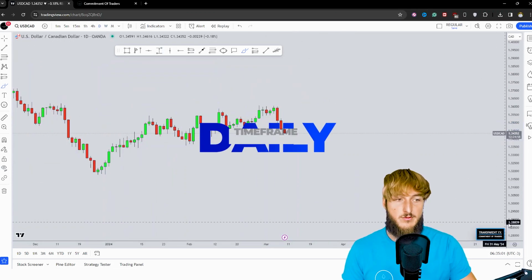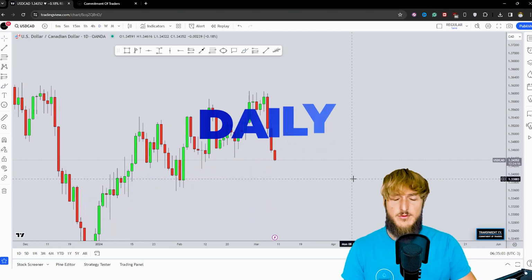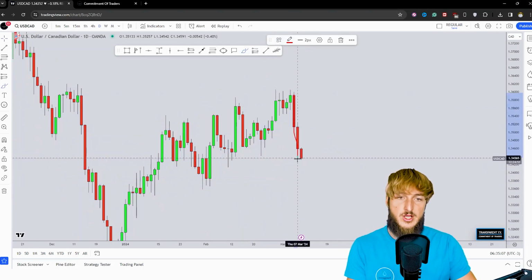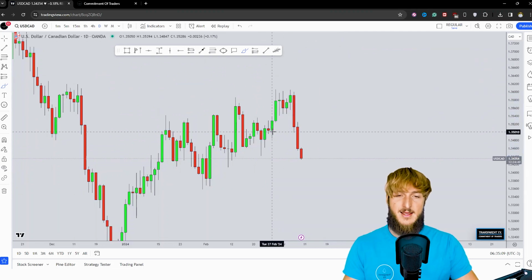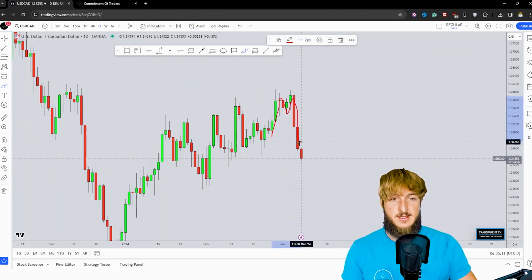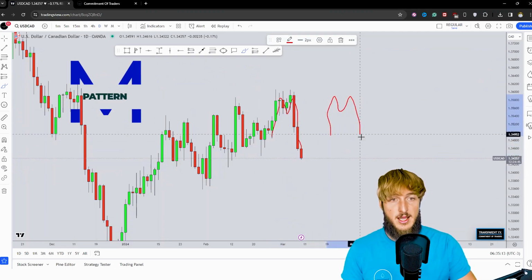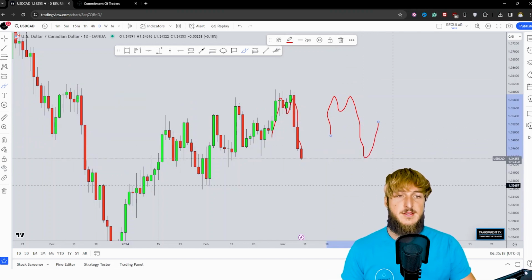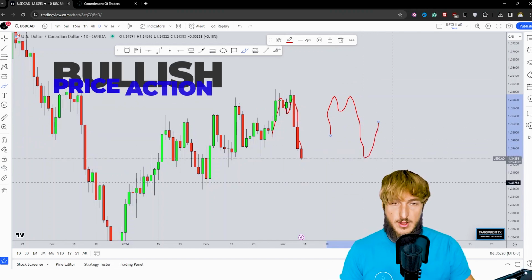Dropping down on the daily time frame, what do we see? Now, from a daily perspective, the situation is quite clear. We have a market which, in creating this move to the downside, has just created this overextended M pattern. And in general, after the creation of an overextended M pattern, what you would expect is for the market to create a rejection to the upside.